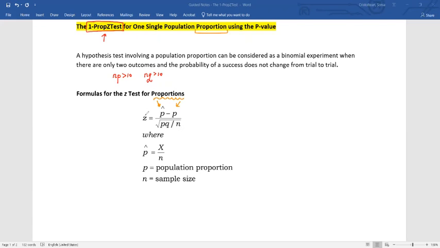But this will be done for us on the calculator as long as we plug in the correct information and run the 1-prop-z test. In this class, we will be finding the test statistic z and the p-value using the 1-prop-z test. However, if you need to do it by hand, this is the formula that needs to be used. Let's go over some examples.